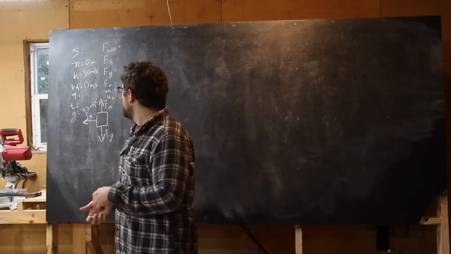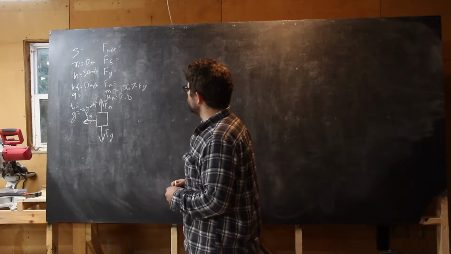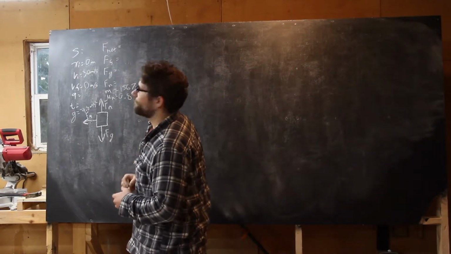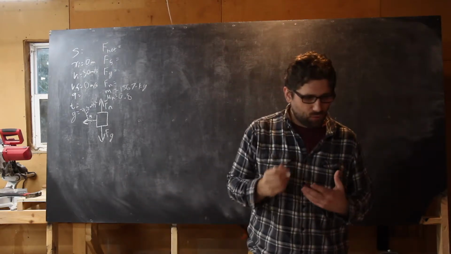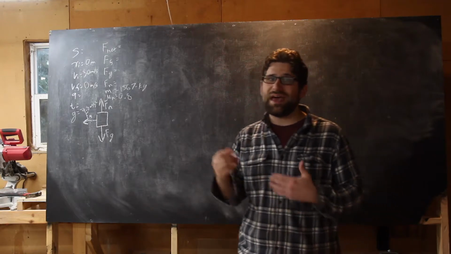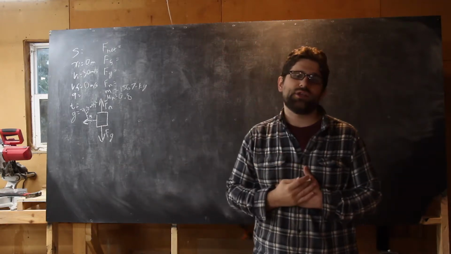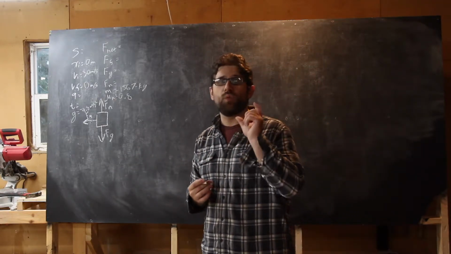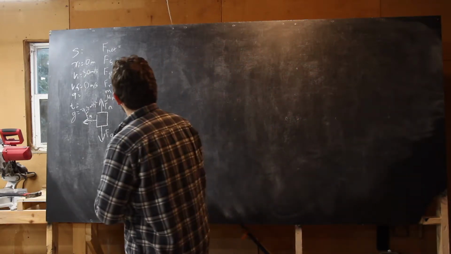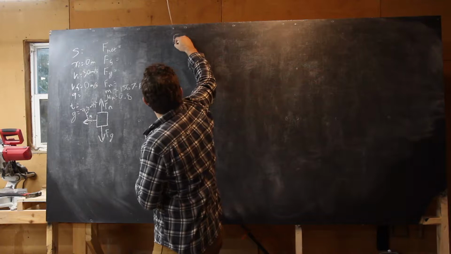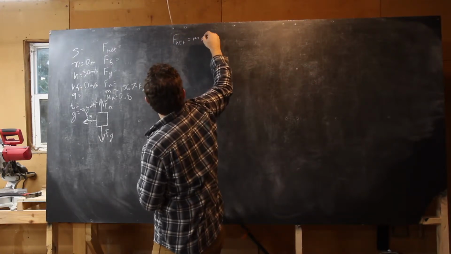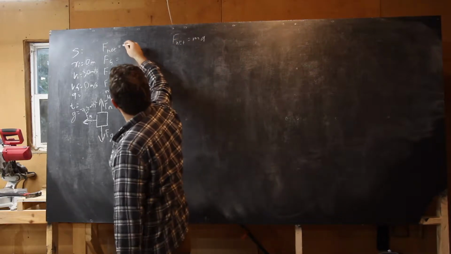Great. So, the first thing we need to do is find the force of friction, because the force of friction is going to be our F net. And since F net equals ma, that's going to allow us to find our acceleration, which is what part A is asking us for. So, F net equals ma. First we need to know F net.